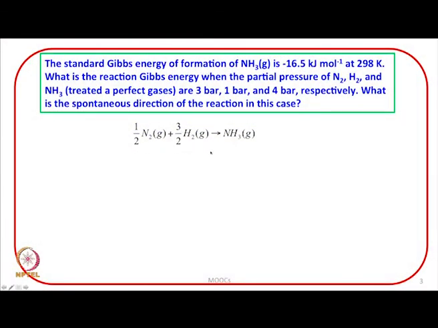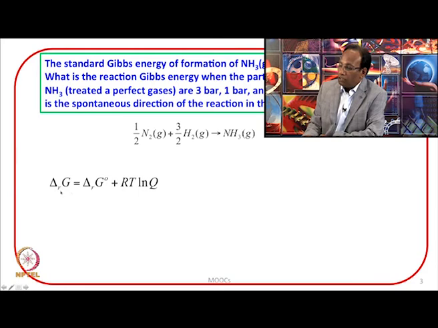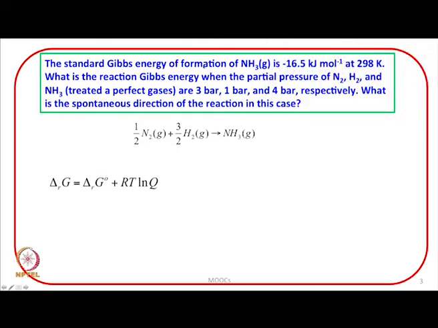This is the given reaction, half nitrogen plus 3 by 2 hydrogen forming ammonia, and we have discussed that the value of Q is going to decide the value of delta R G, because delta R G naught at a given temperature is constant. We have been given that delta R G naught.